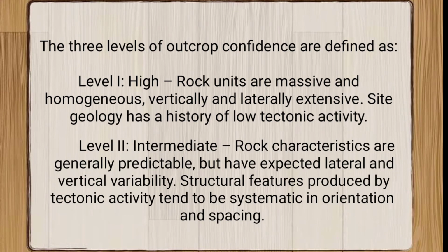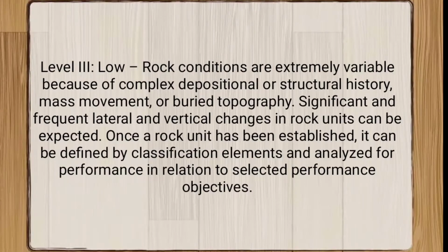Level 2, intermediate. Rock characteristics are generally predictable, but have expected lateral and vertical variability. Structural features produced by tectonic activity tend to be systematic in orientation and spacing. Level 3, low.